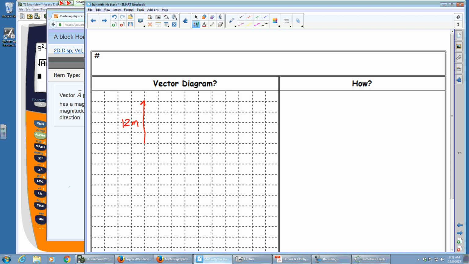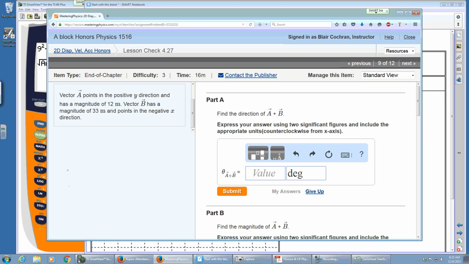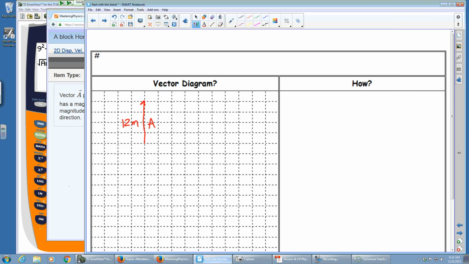That's vector A. Then we have vector B, 33 meters, negative x. This is B, and it's 33 meters. Those aren't perfectly to scale, right? But they're pretty good.